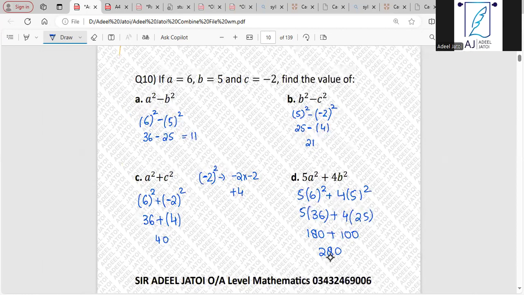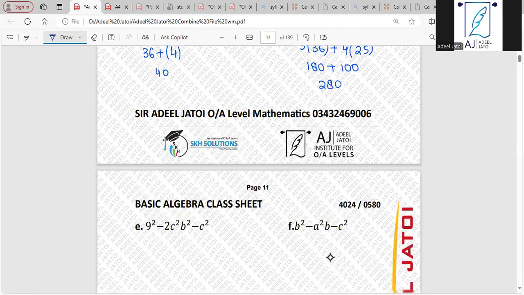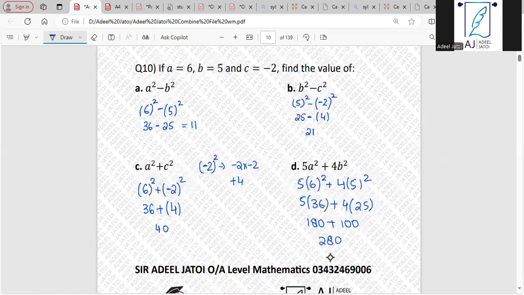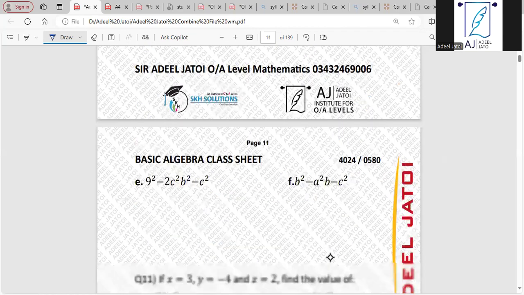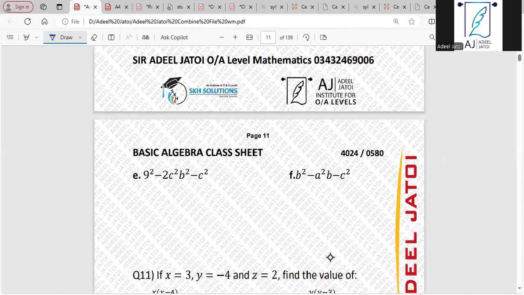So considering the values, you need to understand the substitution method that goes on like this. Now, a similar case: the value of A is 6, B is 5, and C is -2. Let's write it down.